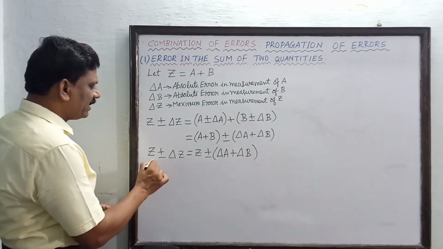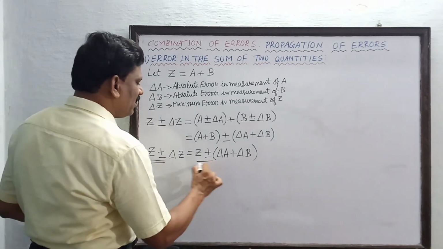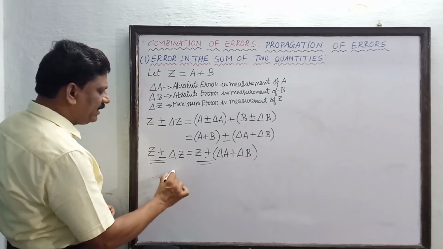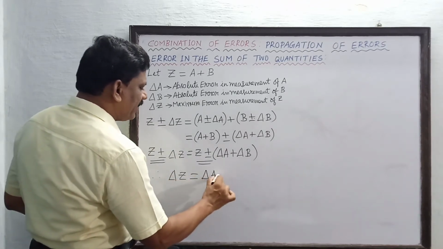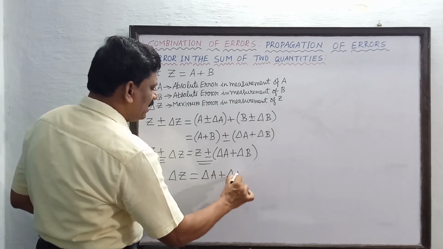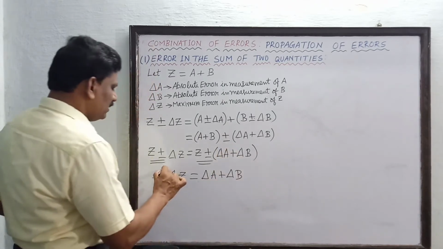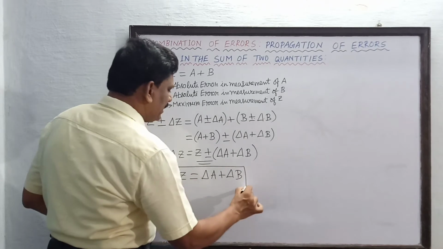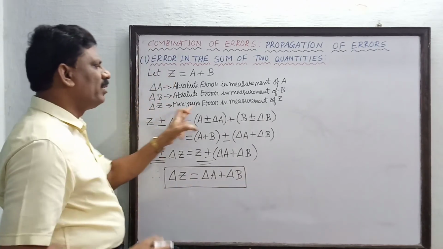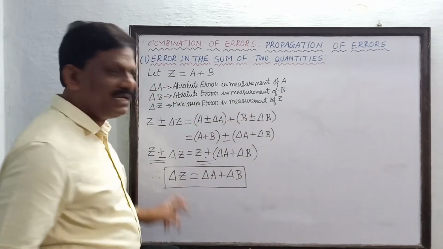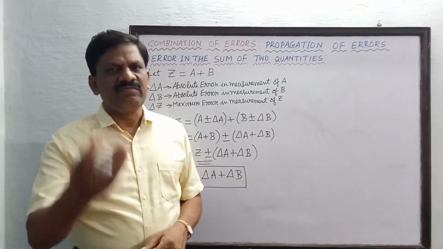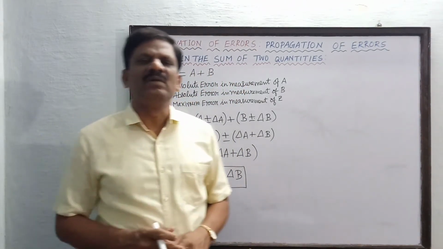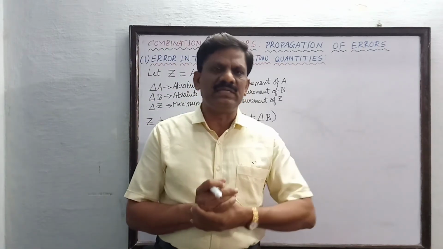So I can cancel Z on both sides. Therefore delta Z is equal to delta A plus delta B. So delta Z is called the maximum possible error in the measurement of Z. Using this, we can find out the maximum possible error in the sum of two physical quantities.